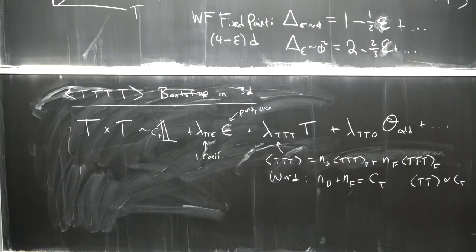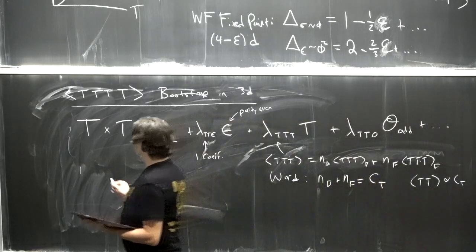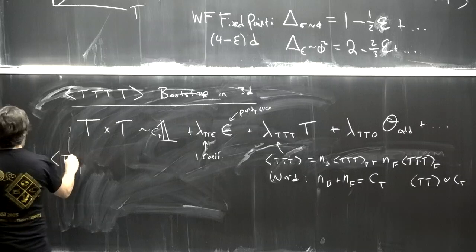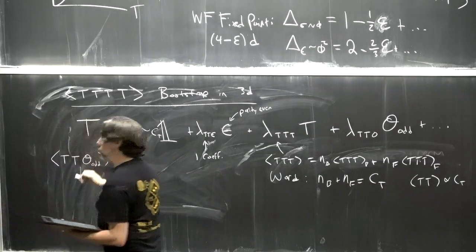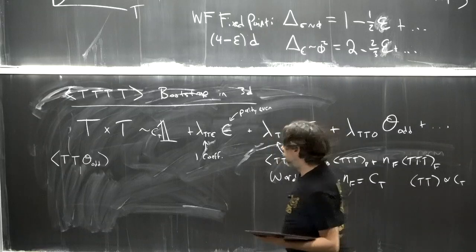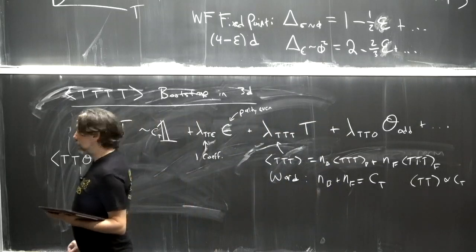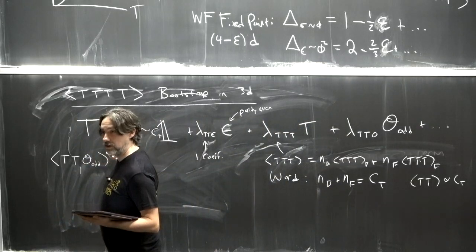T itself is even. And the point is that if I have 3-point functions between 2 T's and a parity odd operator, it can be non-vanishing because there is a parity odd structure that I can write down.